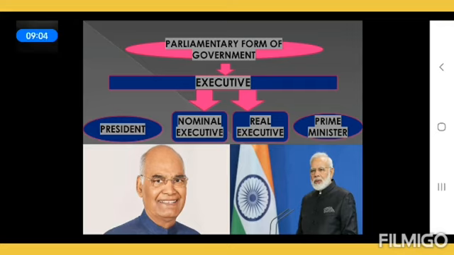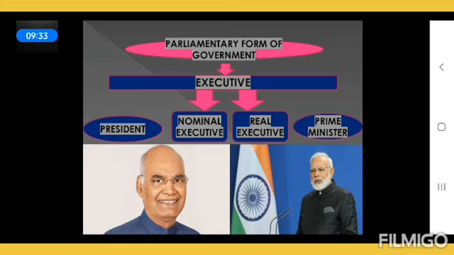So the nominal executive is the one who has been appointed just for the namesake, but he does not possess the real powers. Though the powers are vested with him, the real power is exercised by whom? By the Council of Ministers along with the Prime Minister.